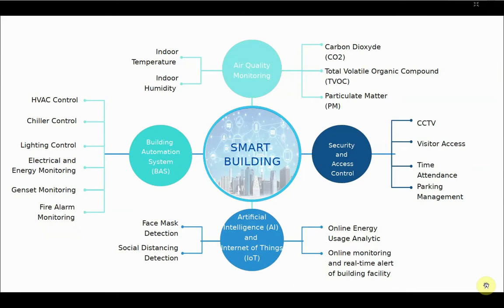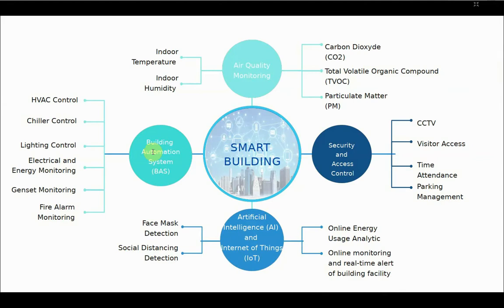Okay, BAS or Building Automation System is a category in smart building. So smart building has four categories. The first is Building Automation System, air quality monitoring, security and access control, and AI and IoT. Okay, let's go straight to the Building Automation System, or BMS, sometimes Building Management System.